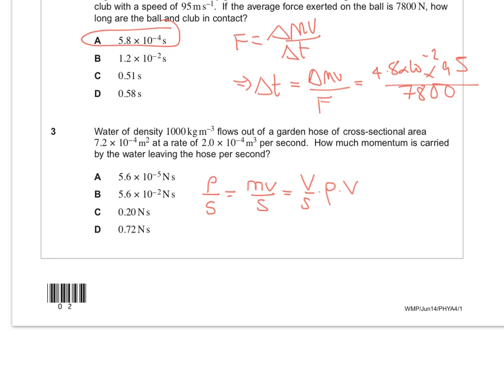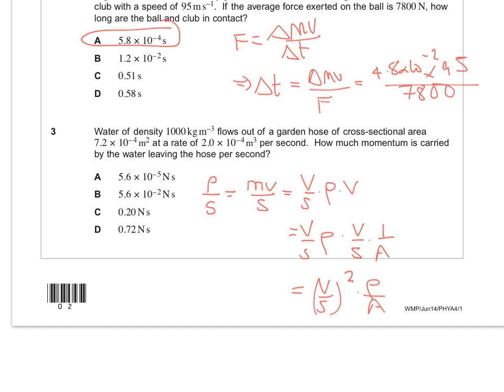So let's do that. We've already got volume per second in there, and what we're going to do is take volume per second again and divide it by the cross-sectional area. So we end up with the volume per second squared times density divided by the cross-sectional area. So let's put some numbers in.